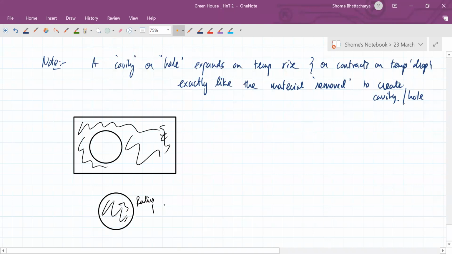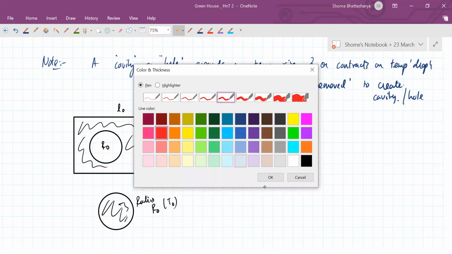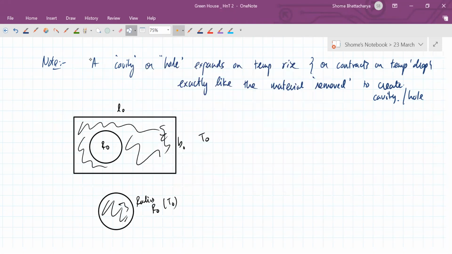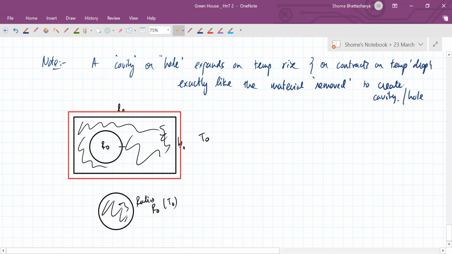So this has a radius R0 at temperature T0. Okay. So now what will happen is that at the new temperature, it's not only the outer dimension that will increase, but the dimension of this thing will also increase in the similar way.